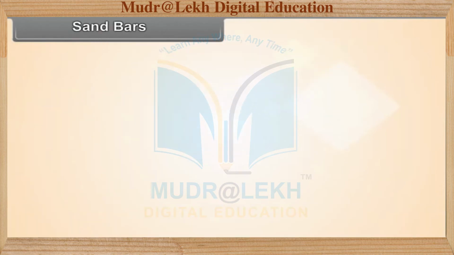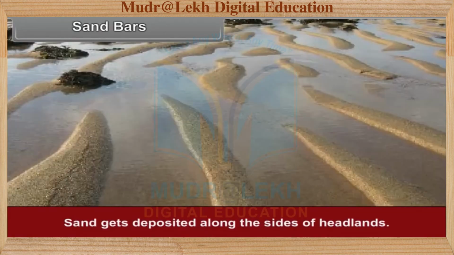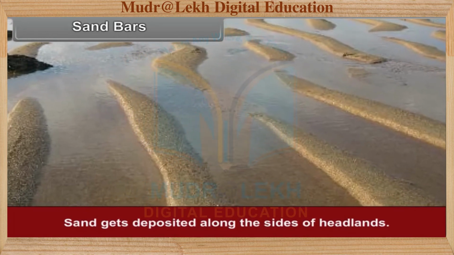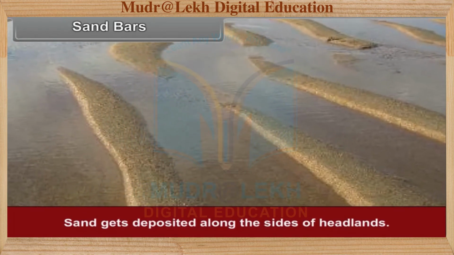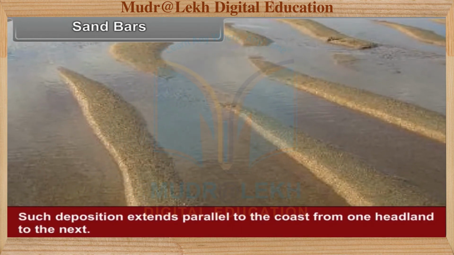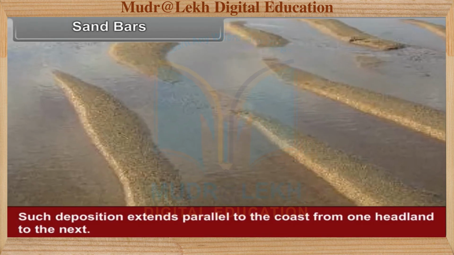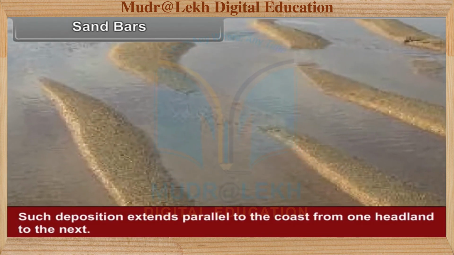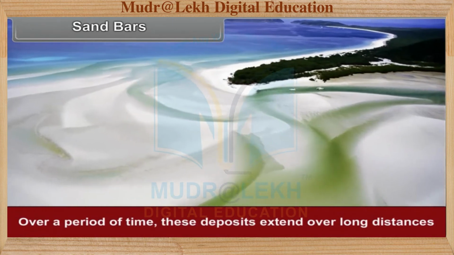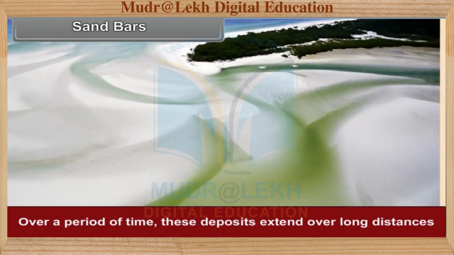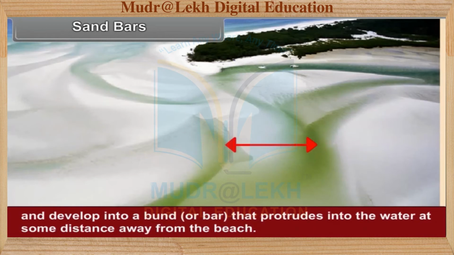Number 2. Sandbars. Sand gets deposited along the sides of headlands. Such deposition extends parallel to the coast from one headland to the next. Over a period of time, these deposits extend over long distances and develop into a bund or bar that protrudes into the water at some distance away from the beach.